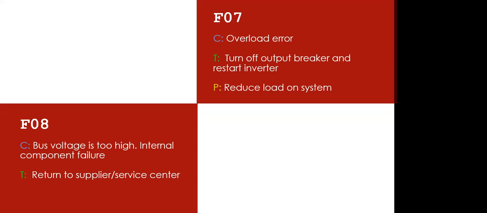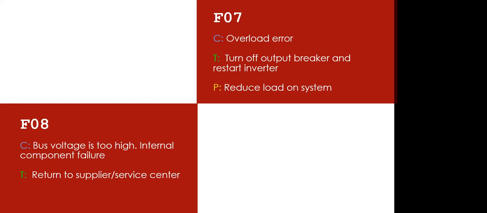So before we can say this warning has become a fault, an error, we need to troubleshoot. In order to troubleshoot, we turn off the output breaker, then we restart the inverter. We can turn off the output breaker, but to be sure, turn off the input breaker. Then we turn off the battery breaker.